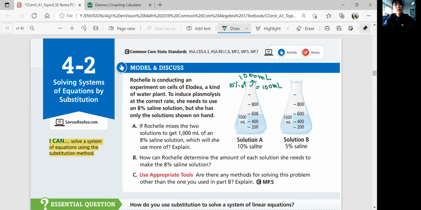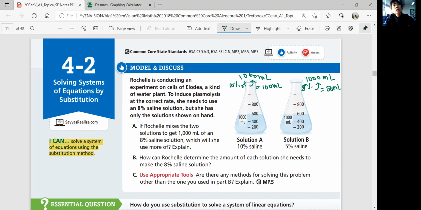But solution B, if you have the same 1,000 milliliters, that's 5% saline. If 10% is 100, 5% should be half of that, which is 50 milliliters. So 50 milliliters out of 1,000 milliliters would be 5% saline.